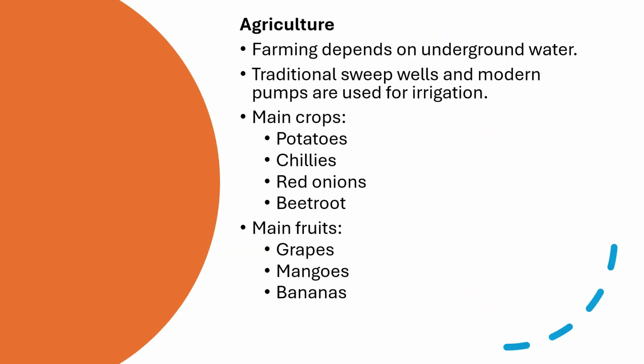Agriculture: farming depends on underground water. Traditional sweep wells and modern pumps are used for irrigation. Main crops: potatoes, chilies, red onions, and beetroot. Main fruits: grapes, mangoes, and bananas.